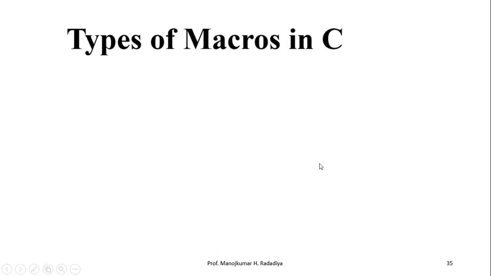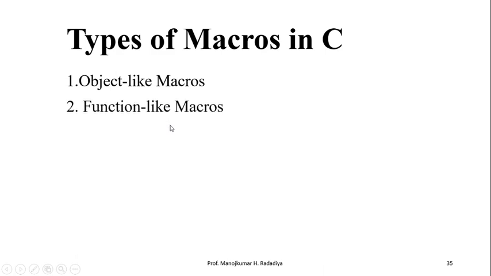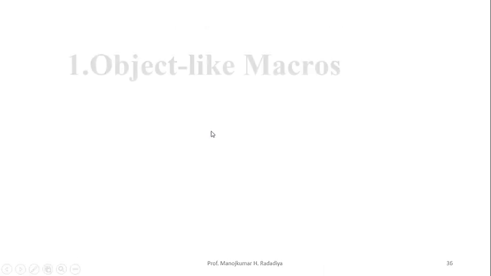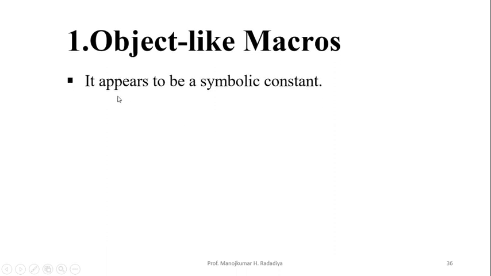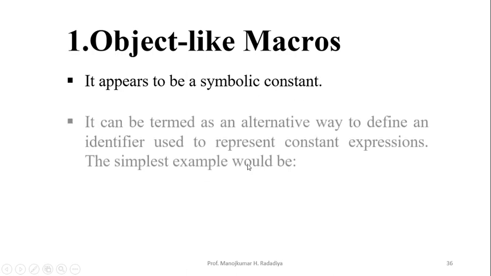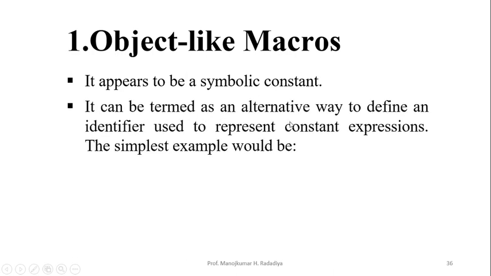Types of the macros in the C language. The first one is object-like macros, and the second one is function-like macros. Going with the first one, object-like macros appear to be symbolic constants. When we are going with object-like macros, they work as a symbolic constant. It can be termed as an alternative way to define an identifier used to represent a constant expression.